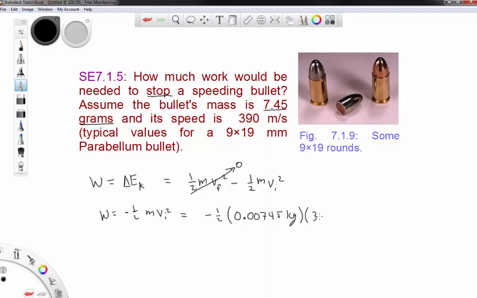And that's times 390 meters per second, and this latter one is squared. So that means that the total work needed to stop a speeding bullet is about 573 joules. And again, we can write that as a negative because it is being used to stop an object which is already moving.